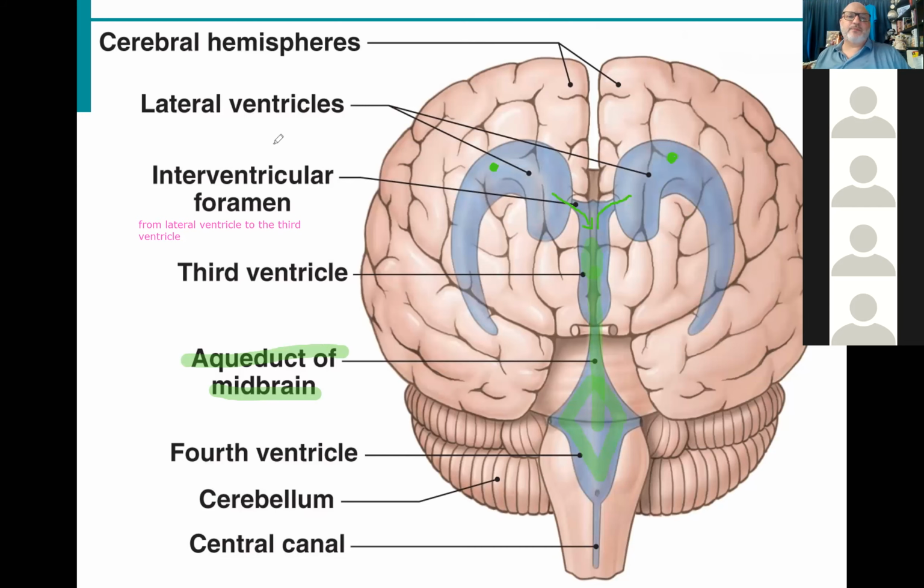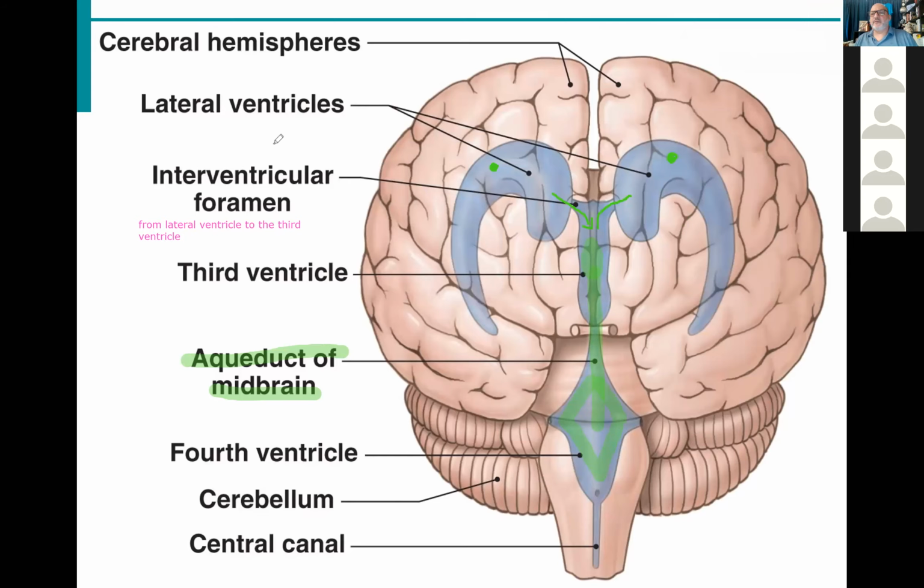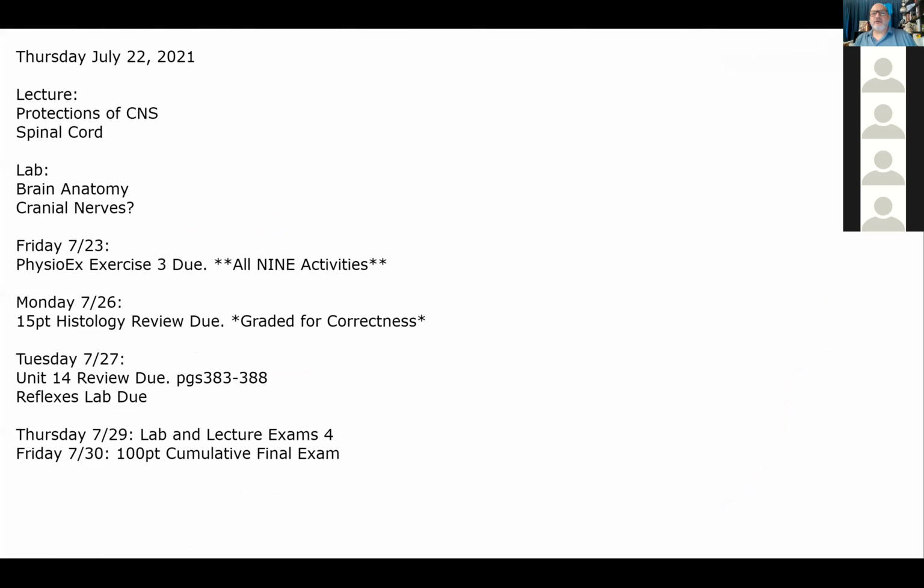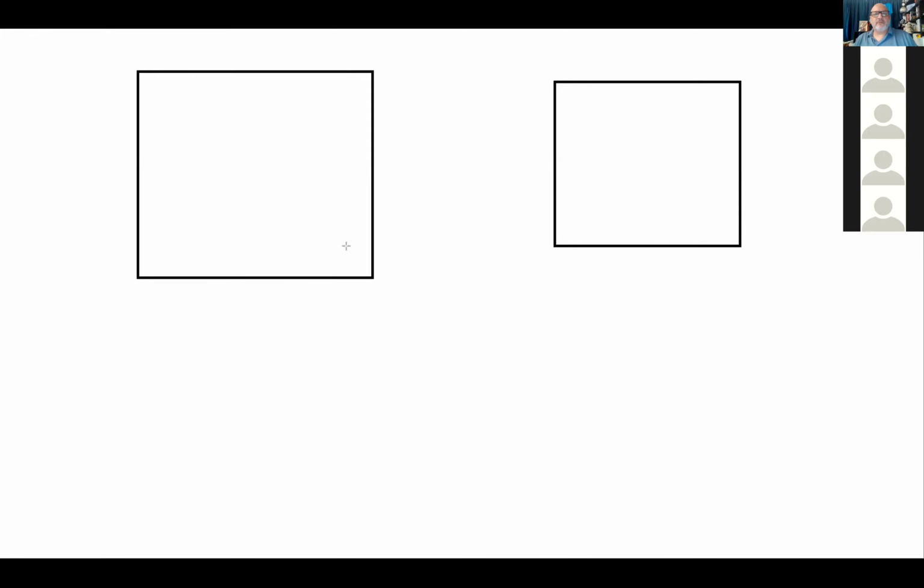To this point, I think it's pretty simple and straightforward, but I still want to go to the whiteboard so we can move forward from this. And again, I'm going to do this super simple. These are our lateral ventricles.